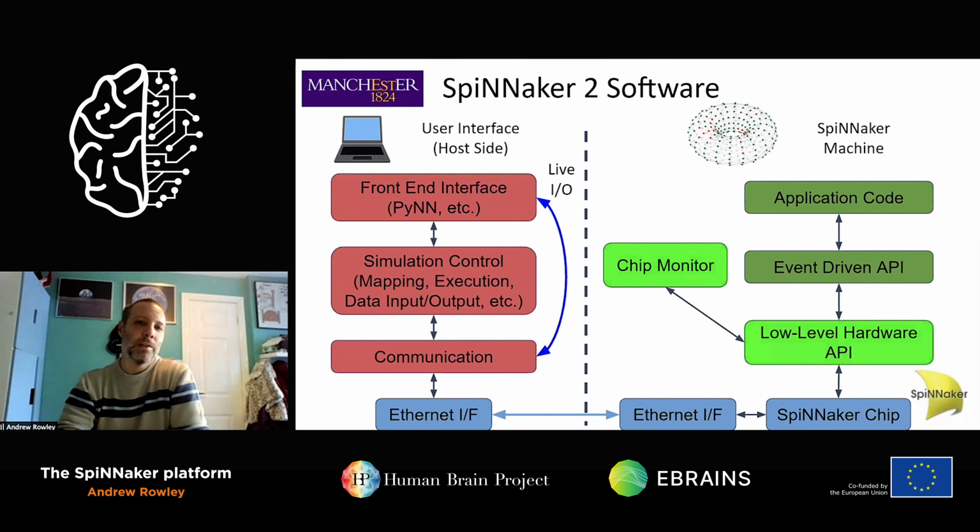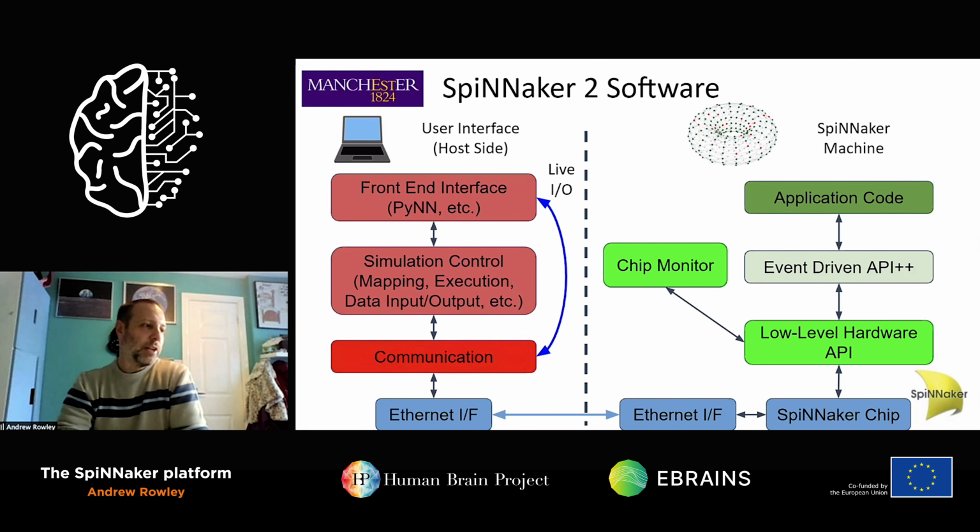We're expecting the boot process to be a bit different, but we'll have to do that. Basically, we're hoping that things like the event-driven API will mostly stay the same. It has to be extended a little bit so that we can add in new features, but actually a lot of the main part of the code will stay the same.